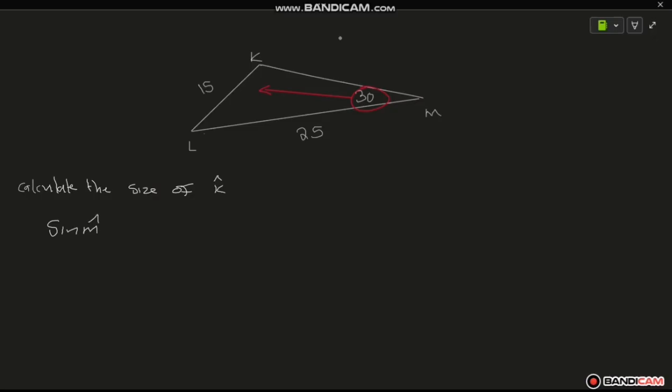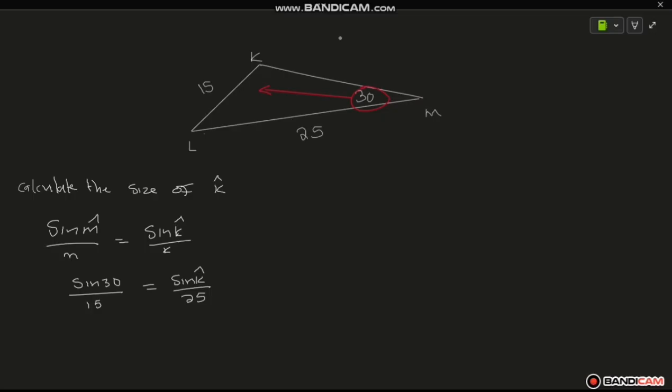Therefore, sine angle M over small letter m, which is LK, equal to sine K over small letter k, which is LM. Therefore, sine 30 over 15 equal to sine K over 25. Therefore, we cross multiply so that we can make K the subject of the formula.